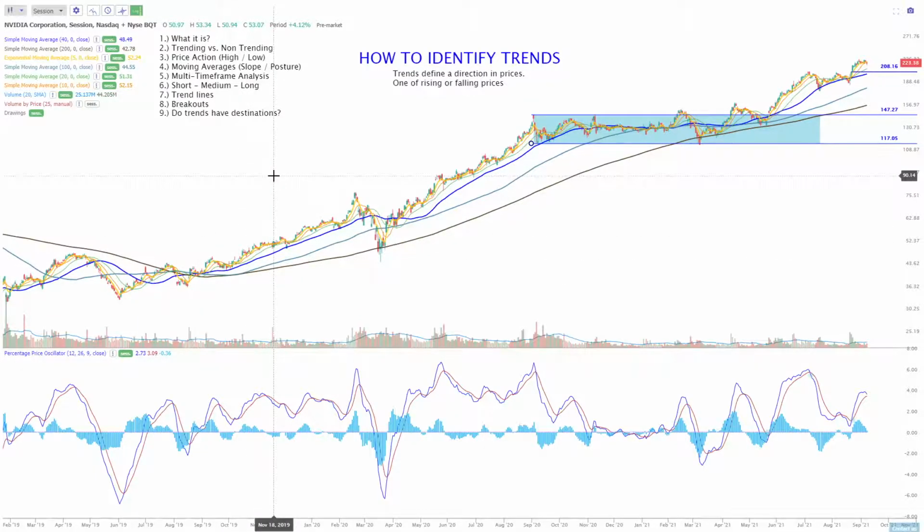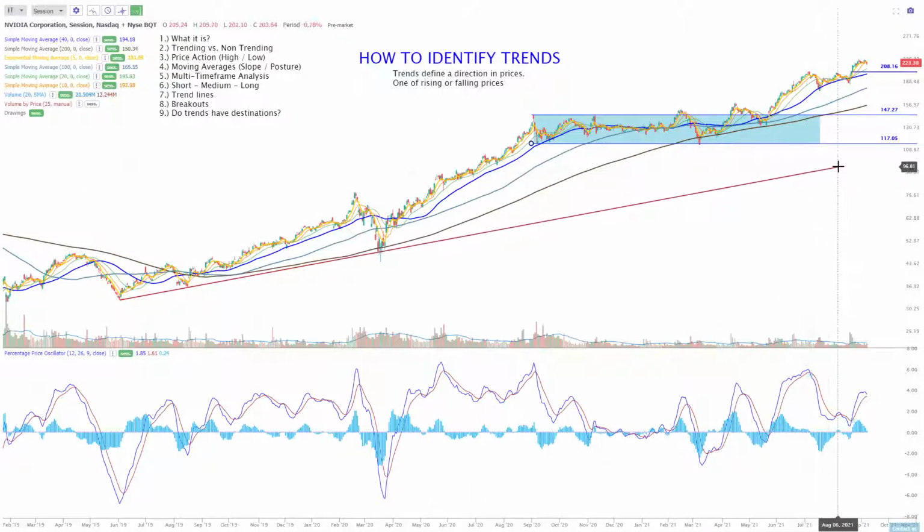When you look at a trend line, we could have drawn something like that. But in the end, when you draw your trend lines, all you're really trying to do is connect the highs and the lows, right? This high, this high, this high.